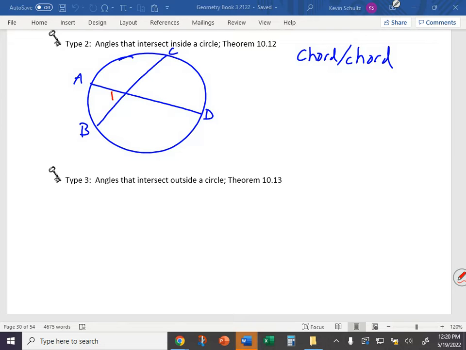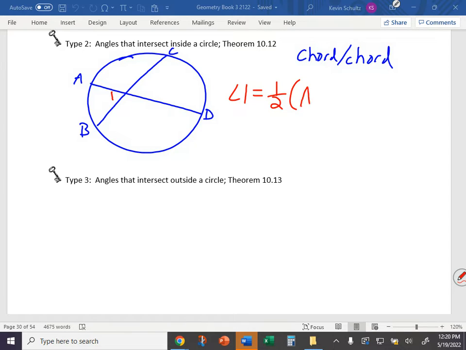Okay. And what's going on here, angle 1 is equal to 1/2 the sum of the arcs created by angle 1 and its vertical. So AB is the associated arc with angle 1. The angle vertical with angle 1 is over here, and the arc associated with that is CD.